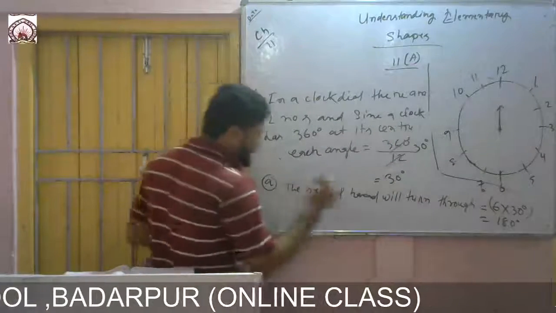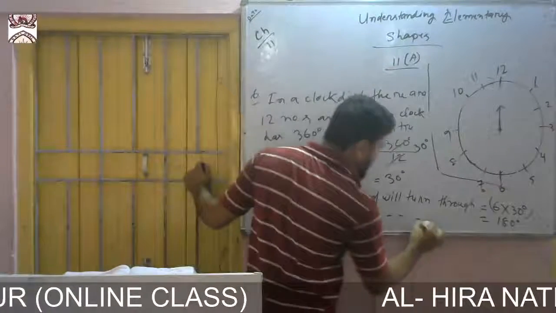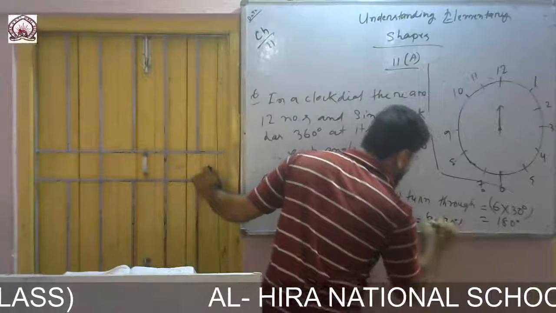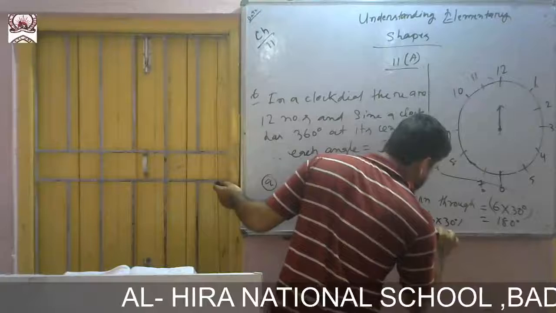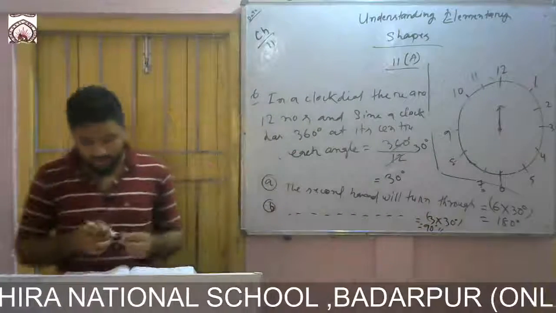Therefore the second hand will turn through 3 times 30 equals 90 degrees.